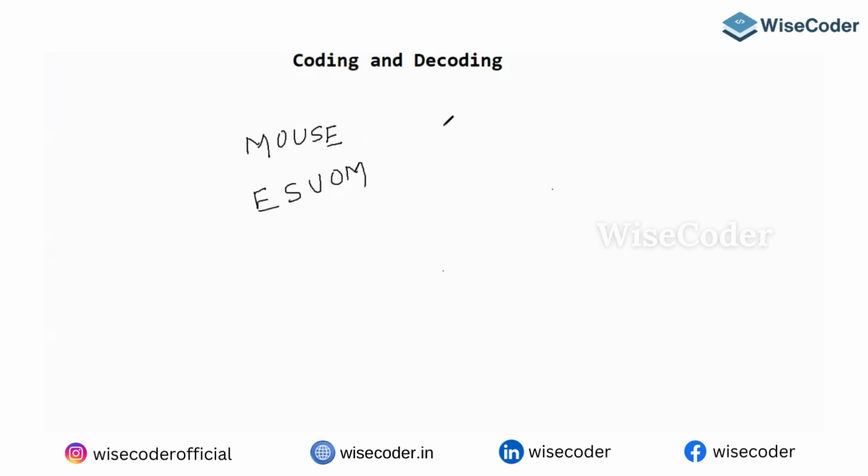Then what is the code for CLEAR? It is also a 5-letter word.